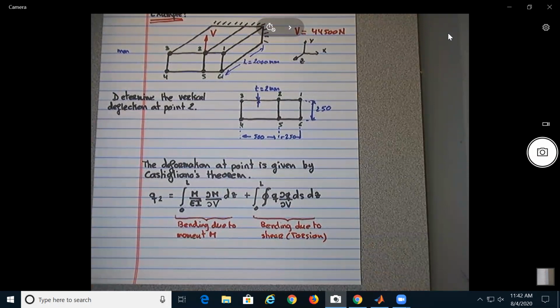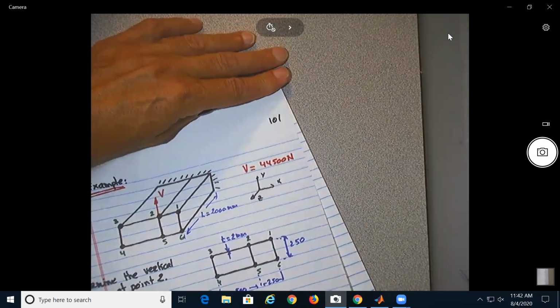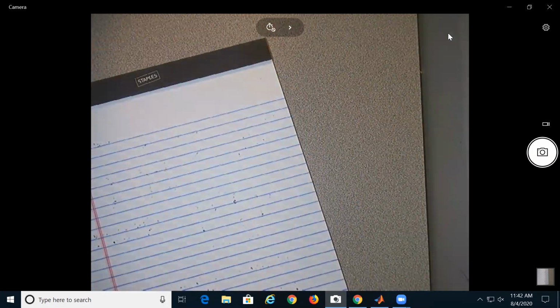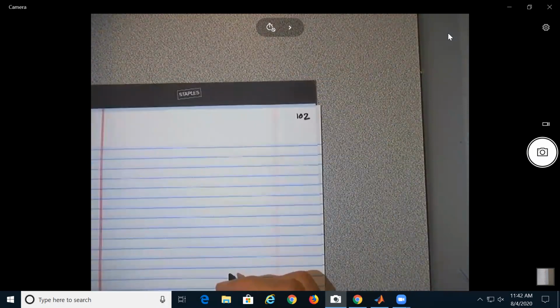Okay, so let's find what we can now. So let's find M and maybe I. So now it's back to statics. All right, so the bending moment, what do we have?